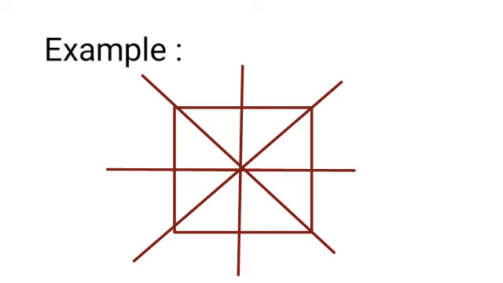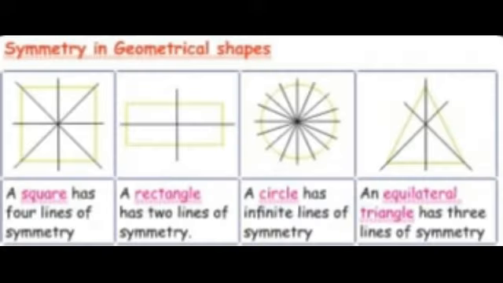Then there will be four equal parts. And again we can draw two slanting lines to divide the picture into exactly equal pictures. So totally a square has four lines of symmetry.